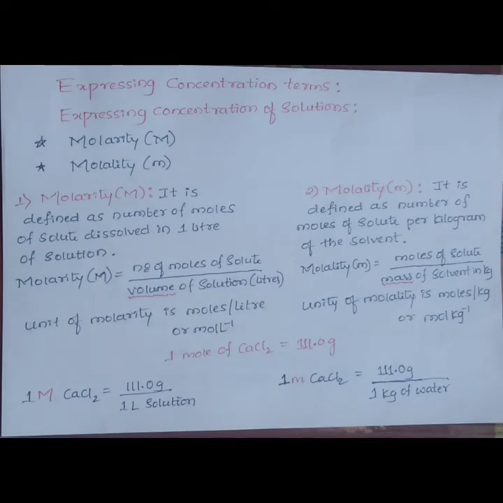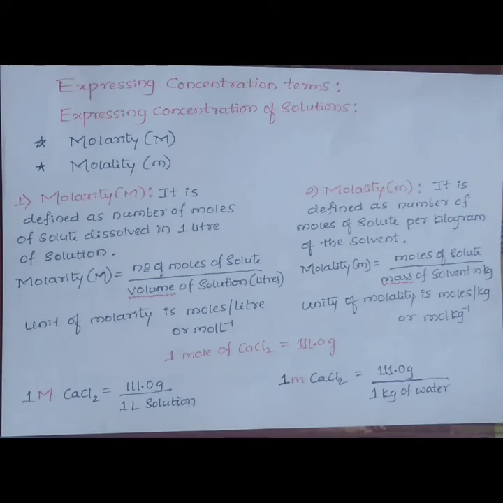And we know that 1 mole of calcium chloride is equal to its molar mass, that is 111 gram. So, 111 gram of solute is diluted with water so that the volume of the solution becomes 1 liter.